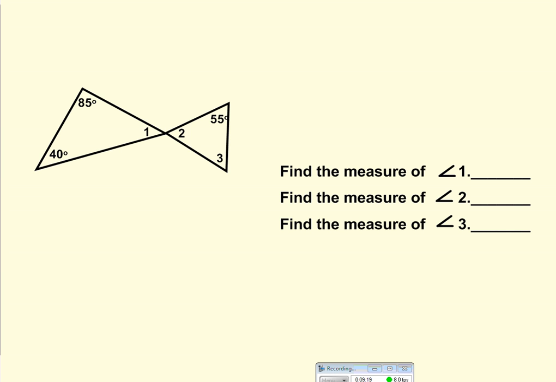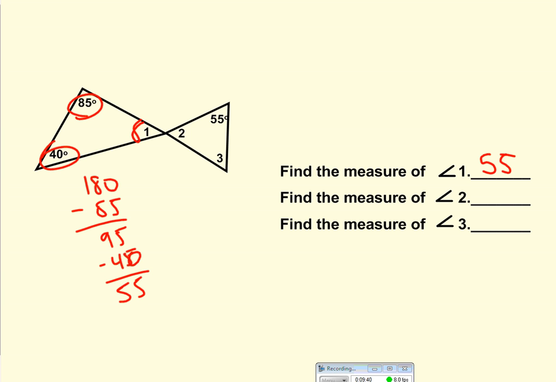Okay, so this one's 85, this one's 40. Triangles have to add up to 180. So you've got 180 minus 85, and that's going to be 95, minus 40 is going to be 55. So angle 1 is going to be 55. So now angle 2 is going to be vertical to angle 1.